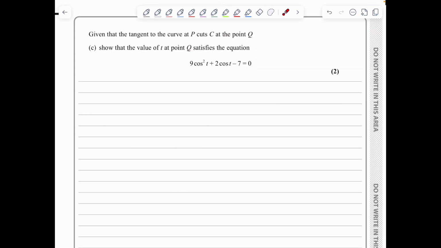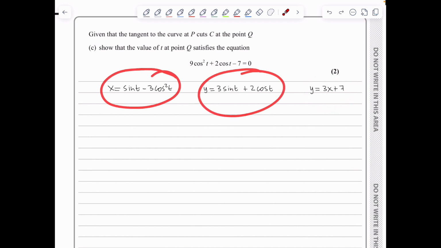We're then told that the tangent to the curve at P cuts the curve at the point Q, and we need to show that the value of t at the point Q satisfies this quadratic in cos t. So where do we stand at the moment? We've got these parametric equations describing the curve and this equation for the tangent. So I'll be combining everything together by substituting x and y into the equation of the straight line.